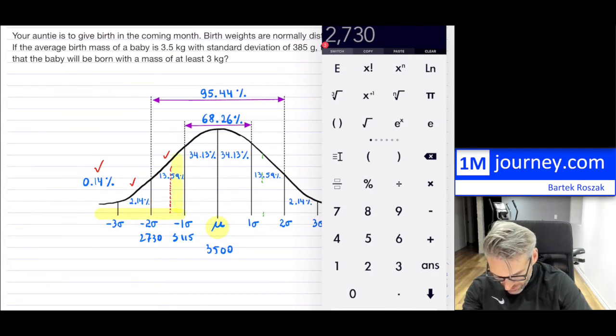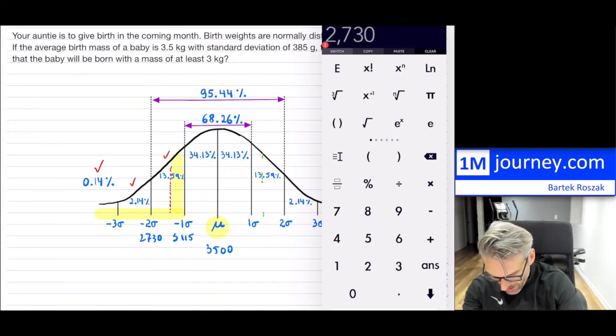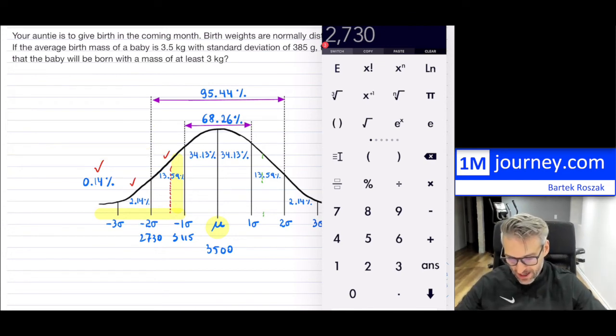You can subtract this one away and get the sum to the left, or you can take it up to this point and approximate this piece right here. We could have done that by hand as we did in the previous example.